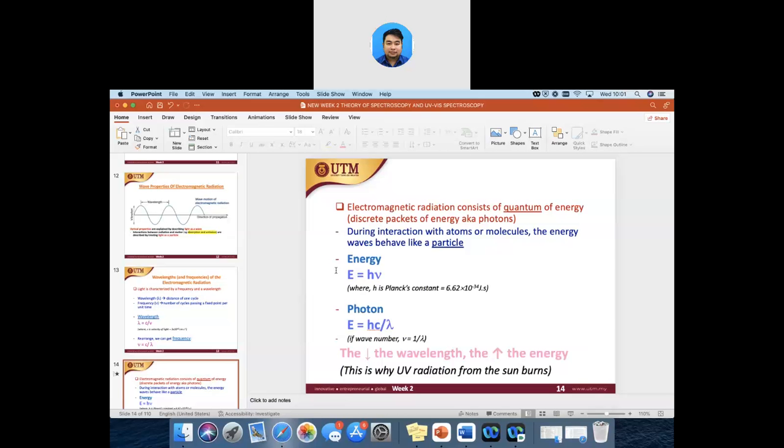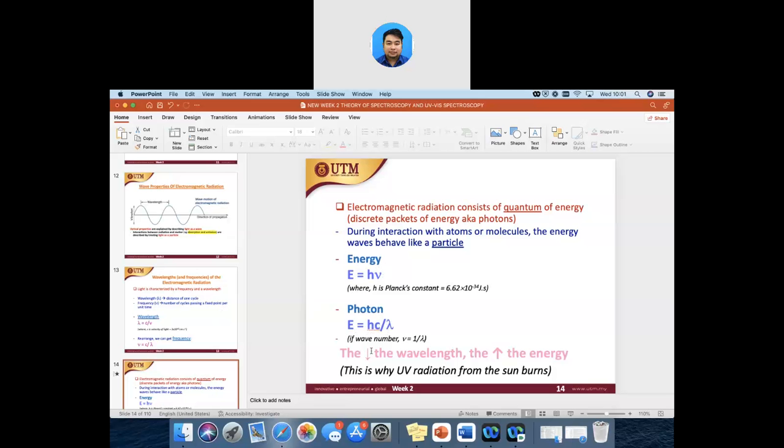The Planck constant is a constant. The photon energy is equal to the Planck constant times the speed of light divided by wavelength, because here we substitute the frequency with c, the speed of light, over the wavelength.